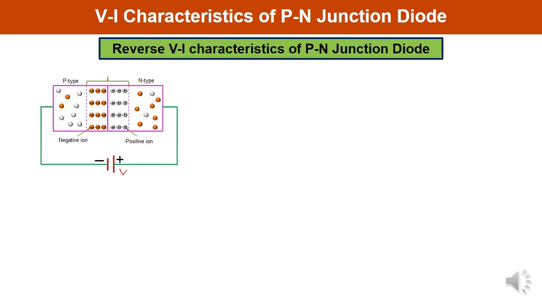The P region consists of a very small number of electrons and the N region consists of a very small number of holes, which are the minority charge carriers, and these minority charge carriers are generated thermally. So these minority electrons in P are attracted towards the positive terminal of the battery, and N minority charge carriers are attracted towards the negative terminal of the battery. These electrons will cross the junction and constitute the reverse current.